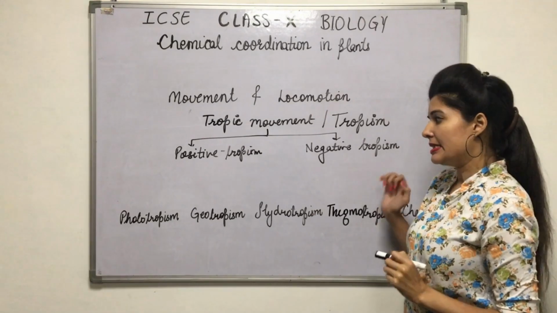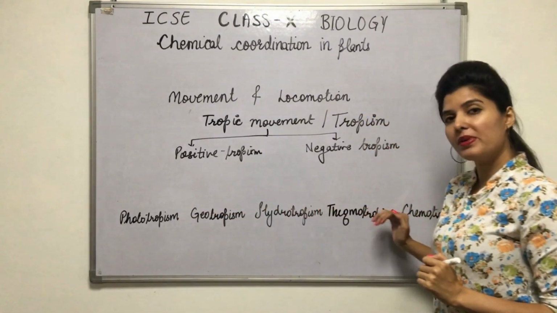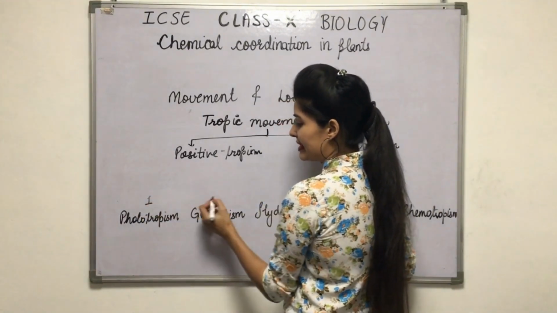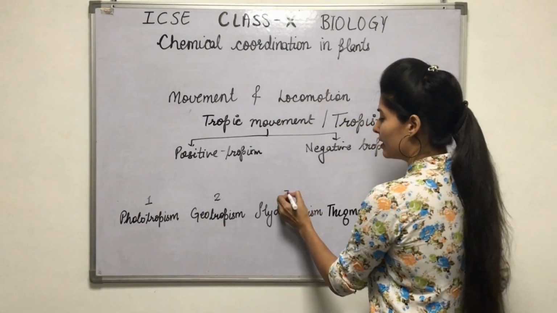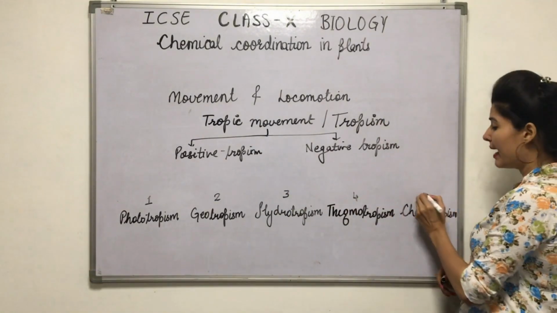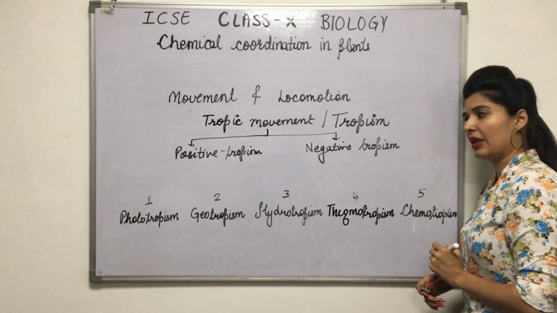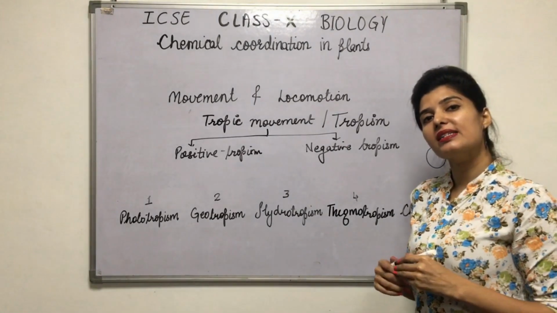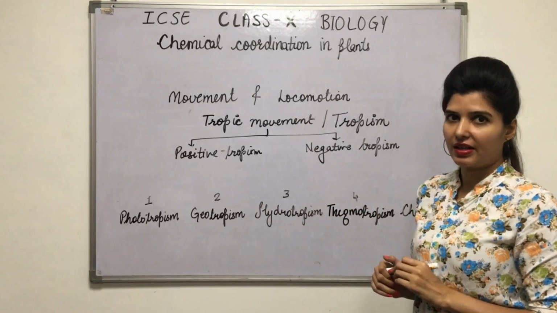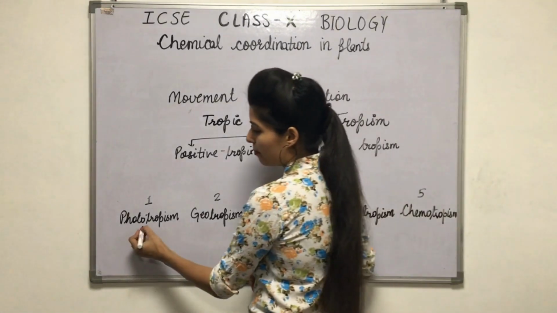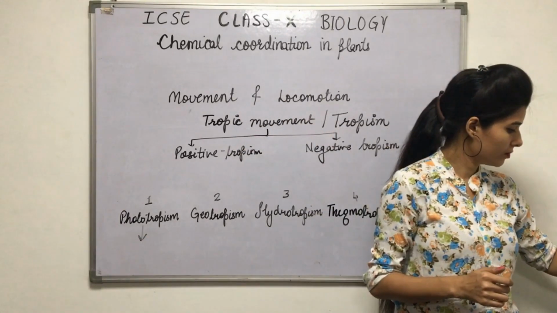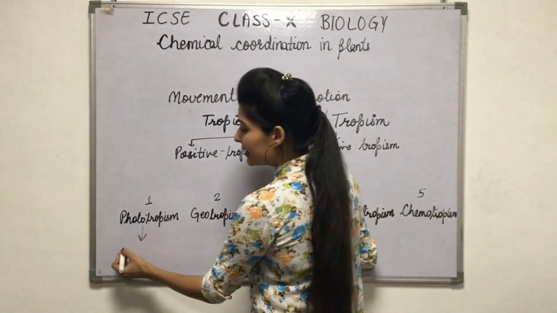So students, see the different tropisms we are having here. First, phototropism. Second, geotropism. Third, hydrotropism. Fourth, thigmotropism. And fifth is chemotropism. So let us see what external or internal stimuli are there. For phototropism, the stimulus is light.